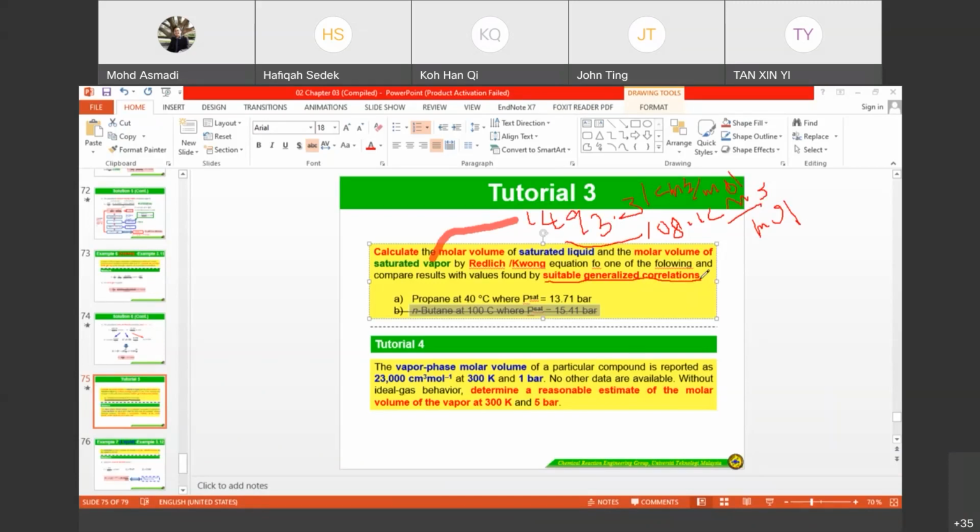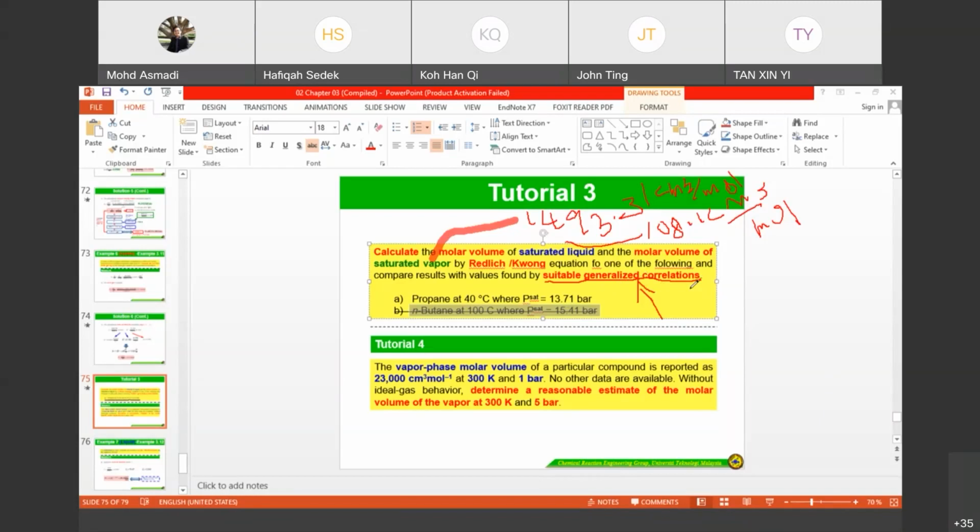For liquid, what equation can you use? Amirul Haziq, for liquid, what can we use? Is Haziq there?